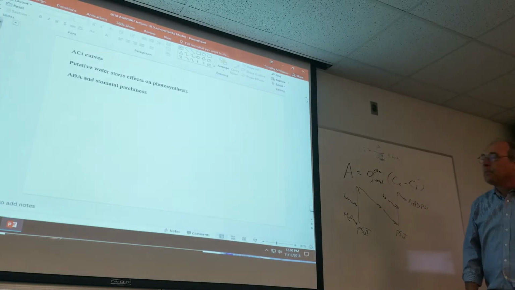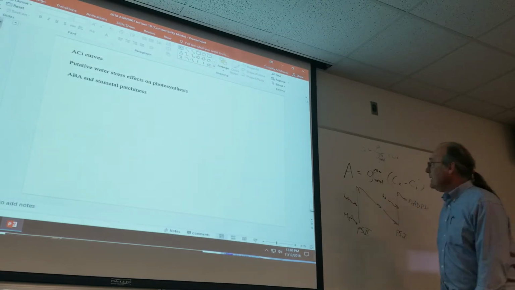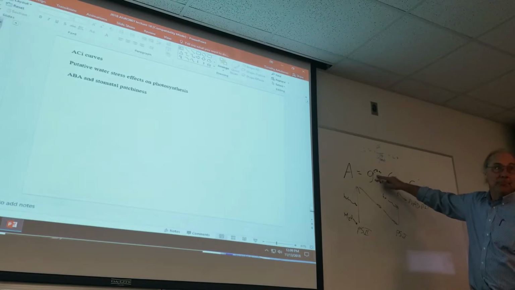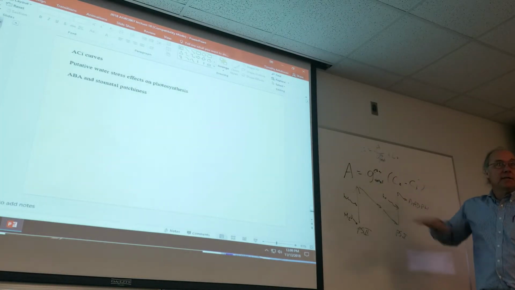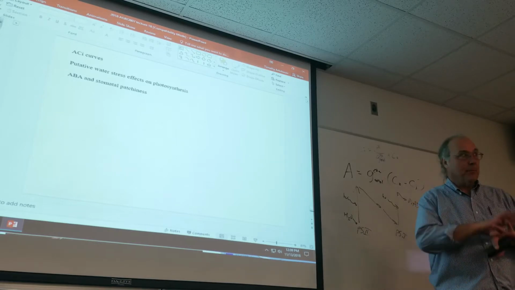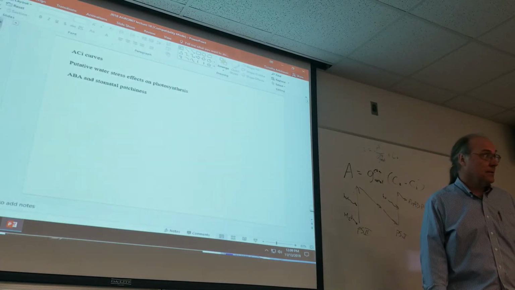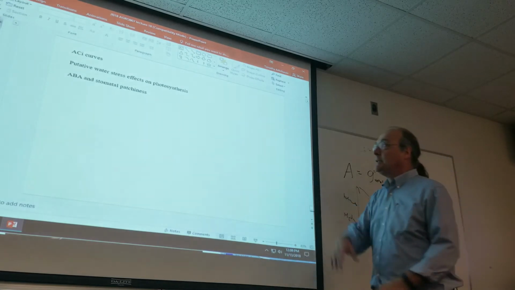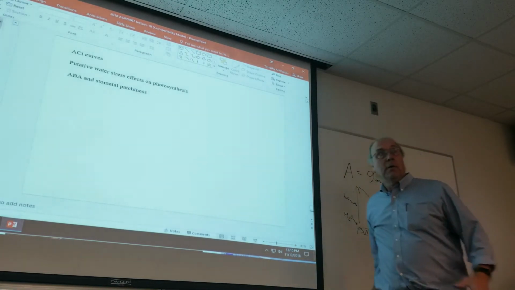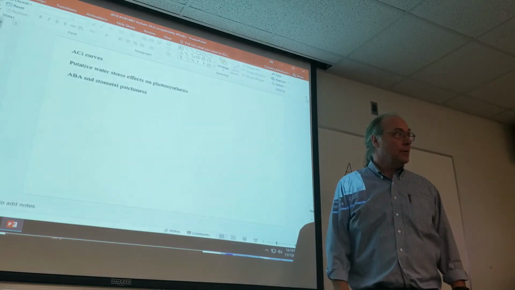Well, this whole argument depends on the assumption that this leaf conductance is uniform over the whole leaf, that the stomata aren't closing in patches. If the stomata are closing in patches, that goes right out the window, and there is no uniform Ci over the whole leaf.